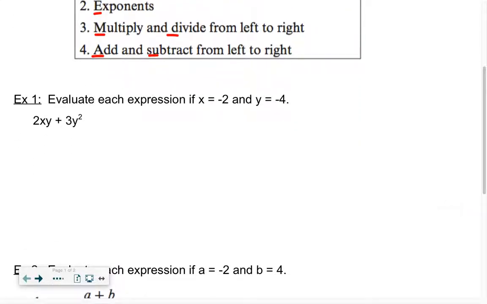On your own, let's go ahead and evaluate the expression when x is equal to -2 and y is equal to -4.